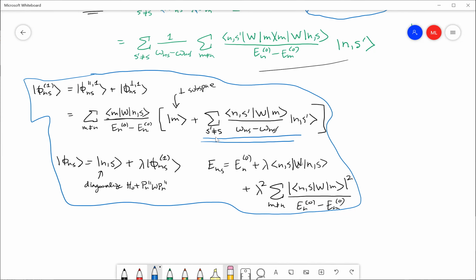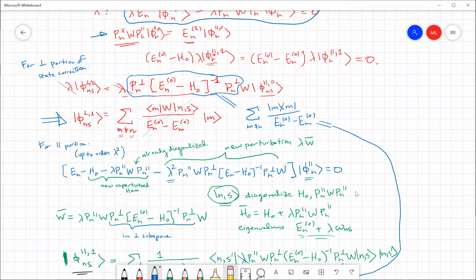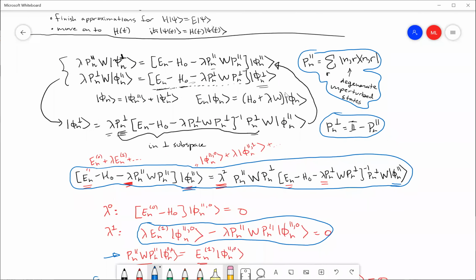Okay, any questions about perturbation theory? It's a little bit tedious, but conceptually it should be pretty straightforward. What are we doing here? Again, it's just taking the eigenvalue equation and just hammering away at it. And the idea of degenerate perturbation theory is just that you can't invert these operators sometimes.